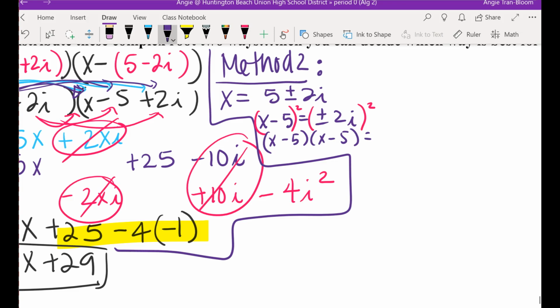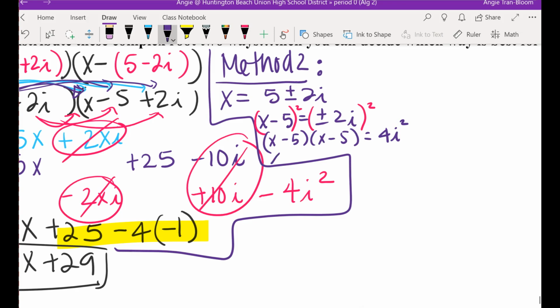What's 2i squared? 2 squared is 4, with i squared. Okay. I'm going to write everything out, so I'm right now going to write 4i squared. True or false? Yes.